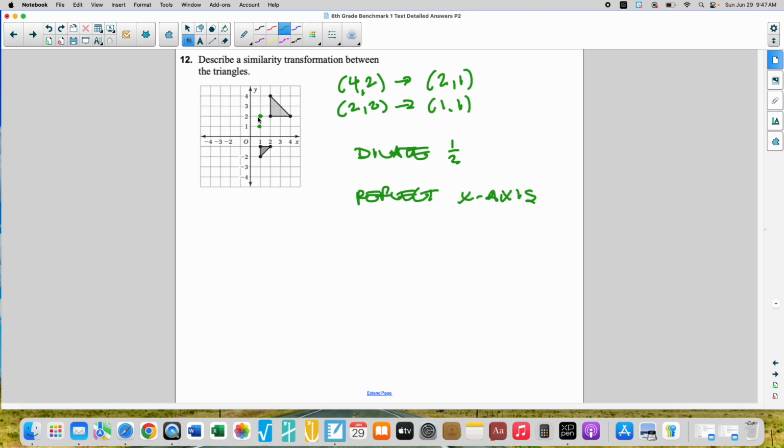And then this last point is 2, 4, sorry. 2, 4 gets us to 1, 2. And this is 4, 2, gets us to 2, 1. And 2, 1 is here. Yep, and now we reflect it over. So dilate and then reflect over x.